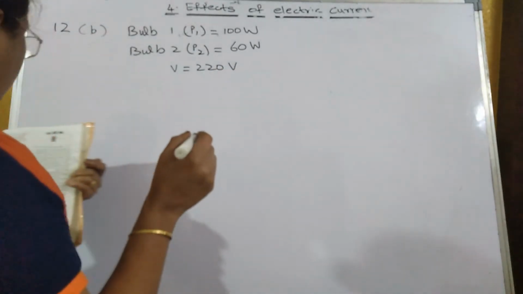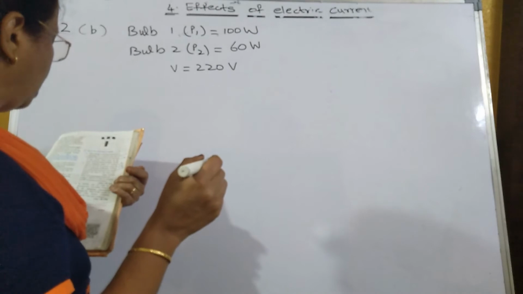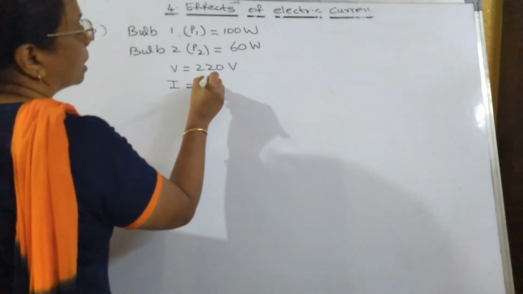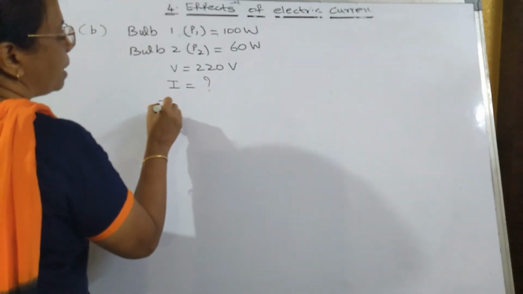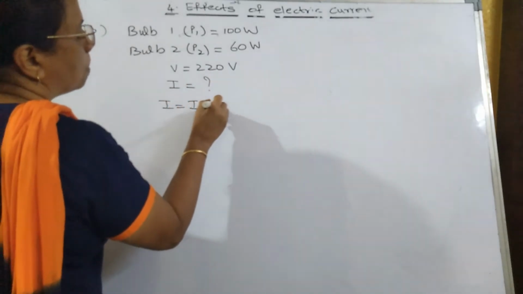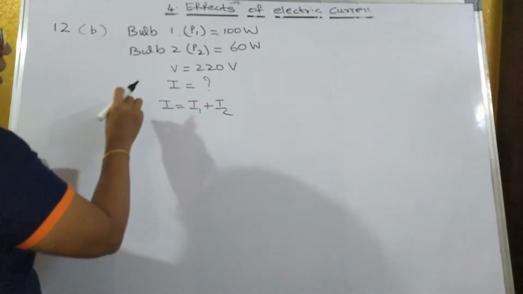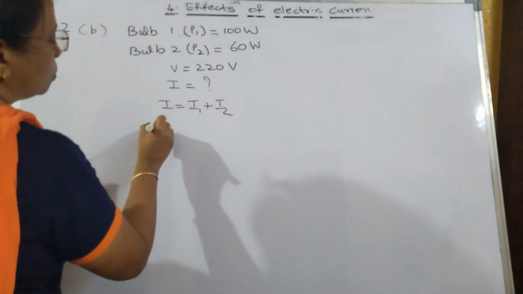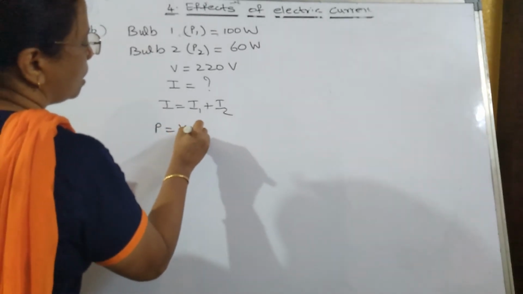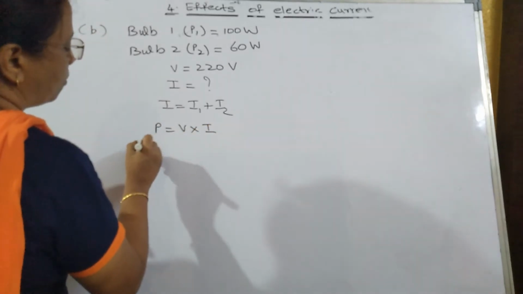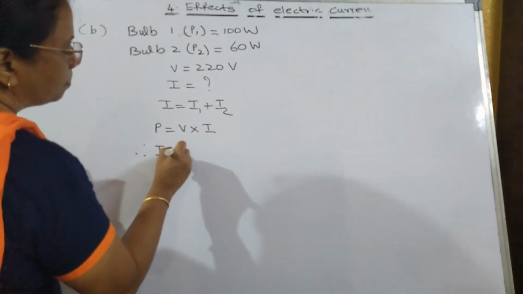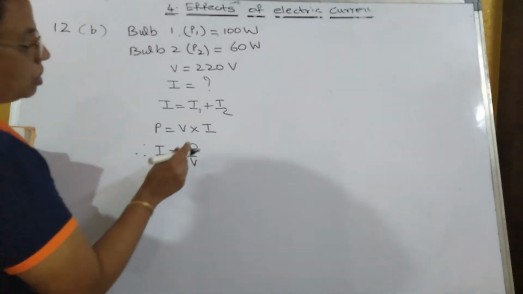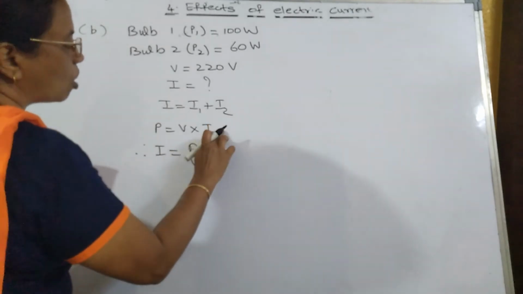Now if they are connected in parallel, how much current will flow in the main conductor? We have to find this out. I is equal to I1 plus I2, so we have to find out first I1 and I2, and then add them. We know that P is equal to V into I. Therefore I is equal to P upon V. This is a common formula.